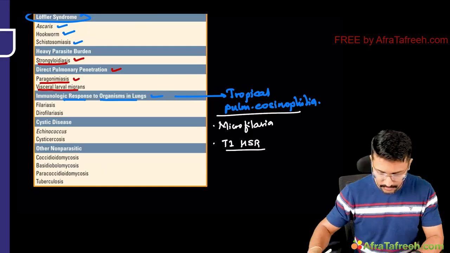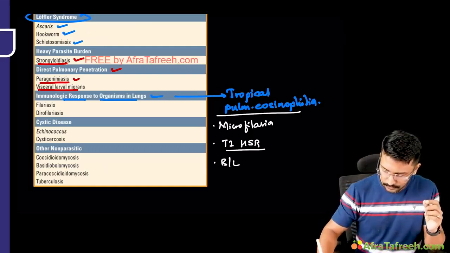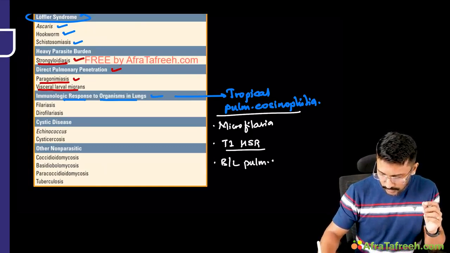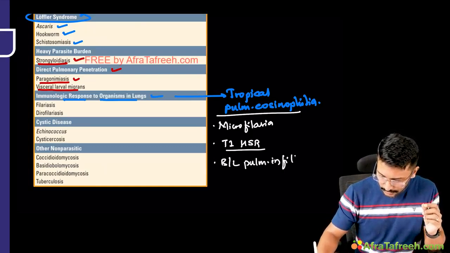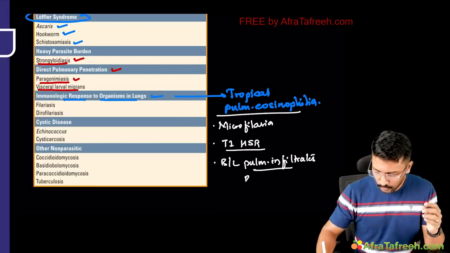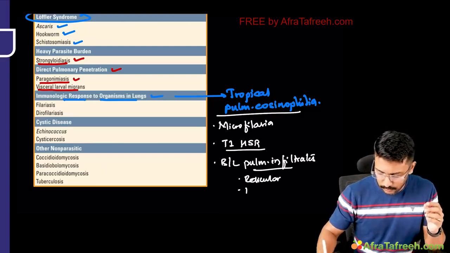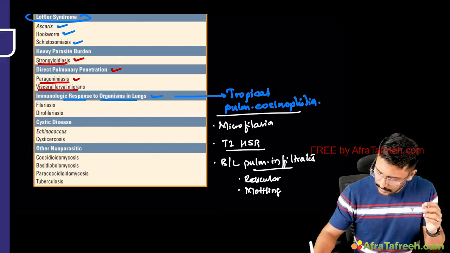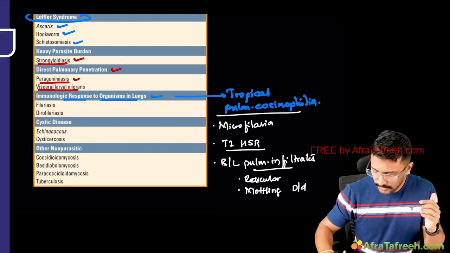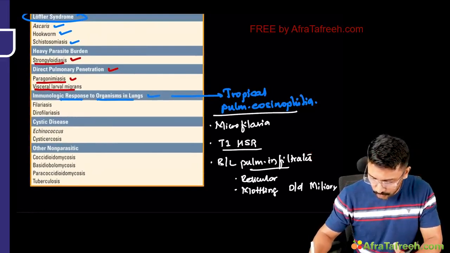These patients generally present with bilateral pulmonary infiltrates, and these infiltrates can be in the form of reticular shadows, but sometimes there will be mottling which might make us think of the differential diagnosis of miliary tuberculosis, because the mottling will be very similar to miliary tuberculosis.